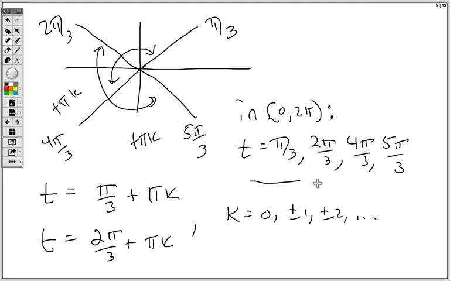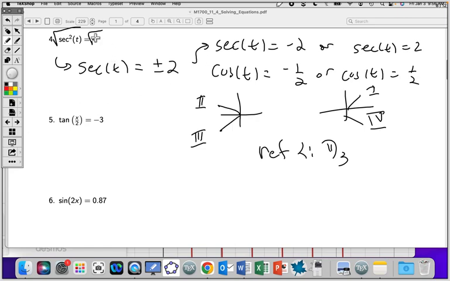So we're getting 4 solutions between 0 and 2 pi, which is not unexpected, because when we take the square root, we get 2 values, a plus and a minus. Each of these is a cosine equation that has a frequency of 1, so each is going to give us 2 answers: 2 answers for the negative cosine, and 2 answers for the positive cosine.